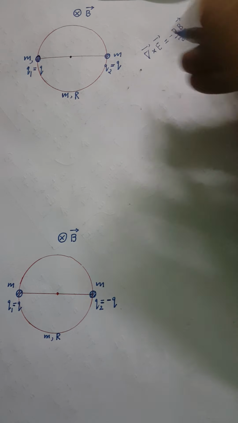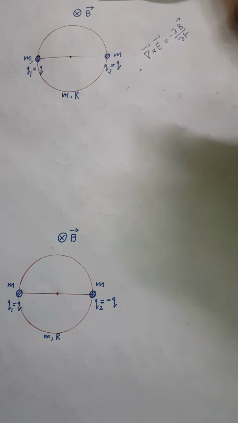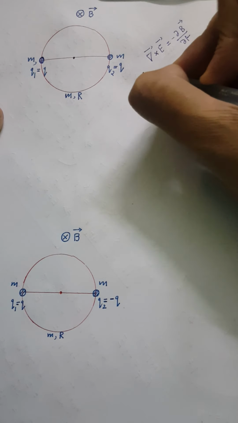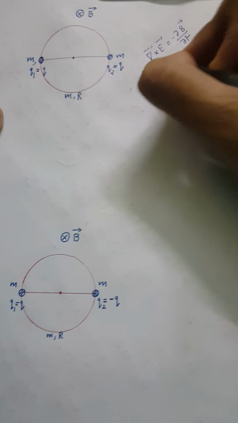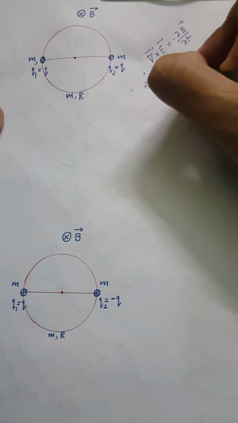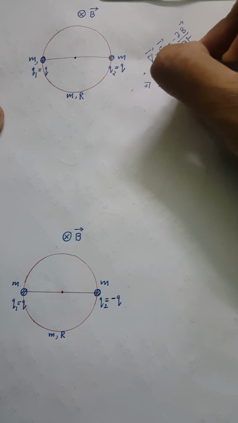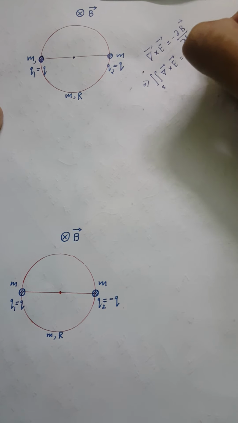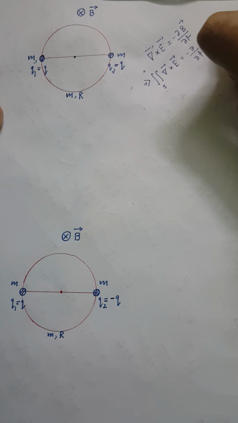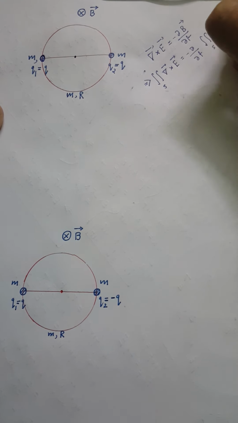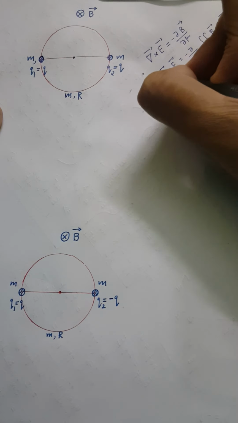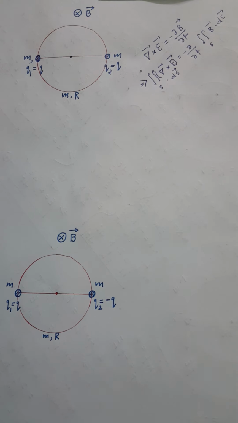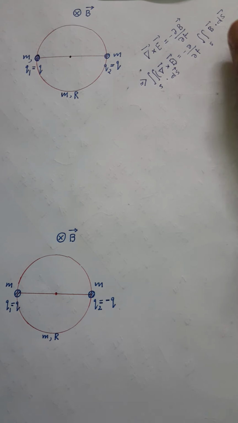Now integrate both sides, let us do a surface integral of these vectors. So if we do a surface integral, curl of E, now please see B dot ds.